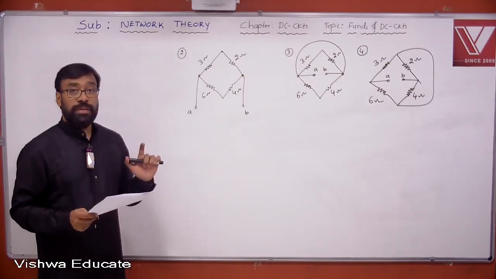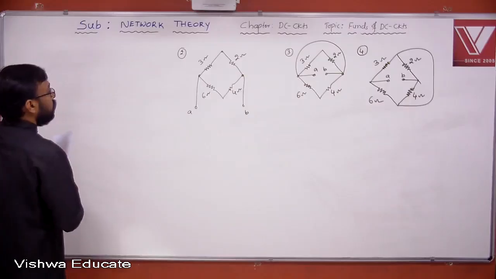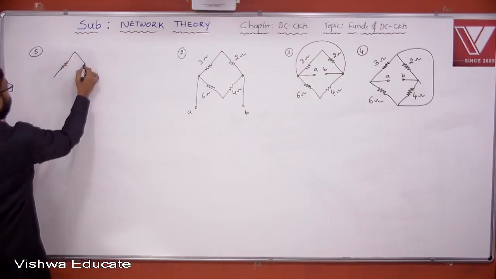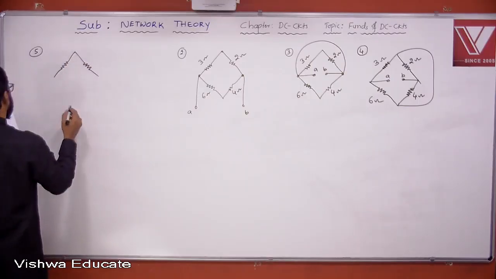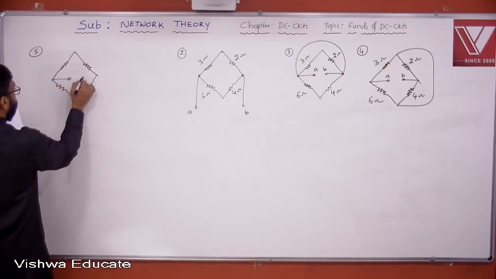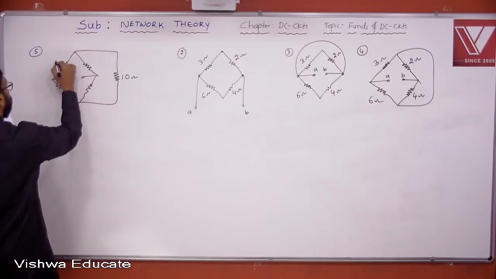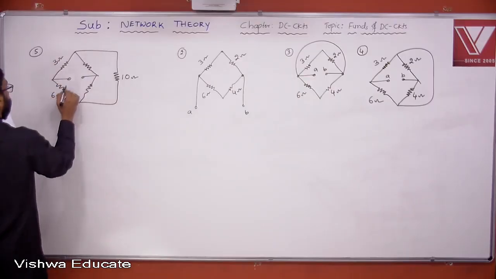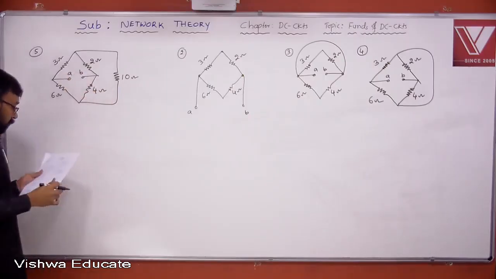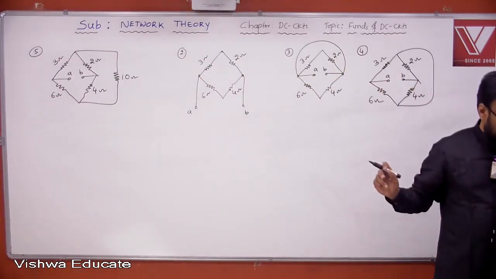For all these questions, for all these diagrams, the question is simple: find RAB. So of the 4 questions given, the first question we have already solved.